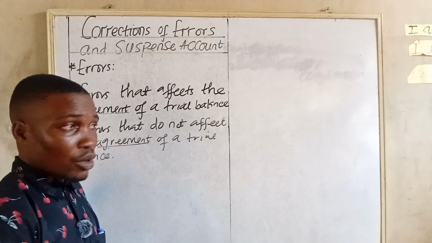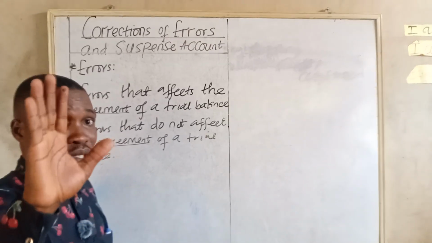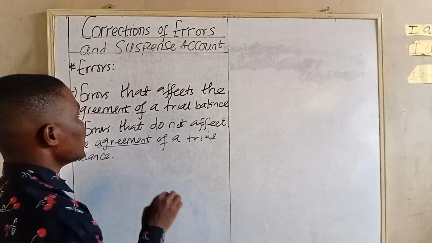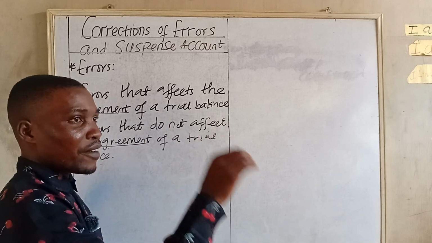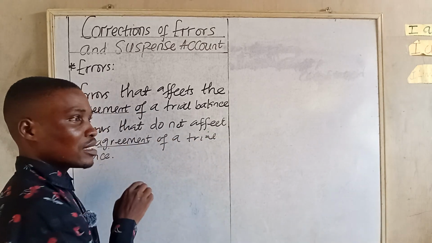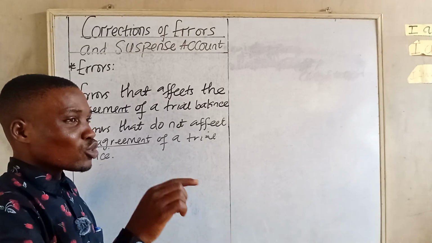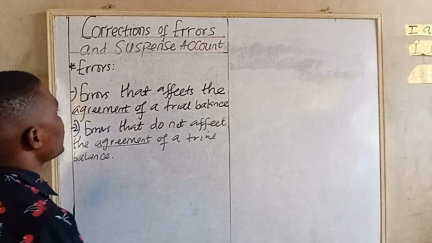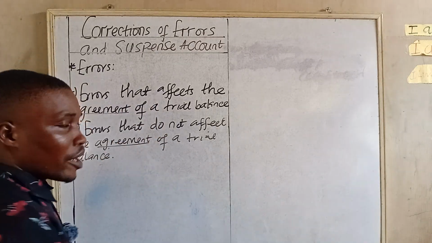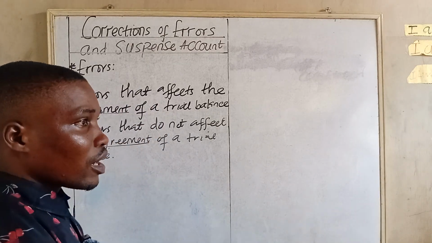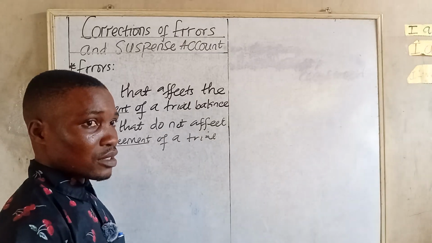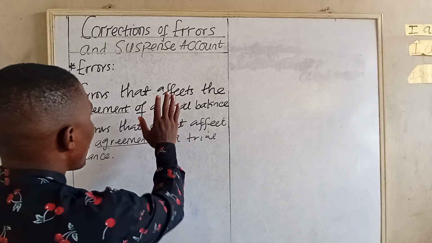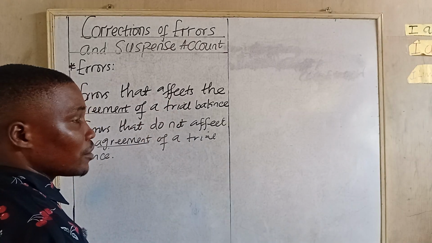You may commit some errors and your trial balance will still balance. That's why I said we are looking at the errors that affect the agreement of the trial balance, not ordinarily affect trial balance. Now, we know the meaning of error. We know the meaning of trial balance. So let's now treat these errors one after the other.